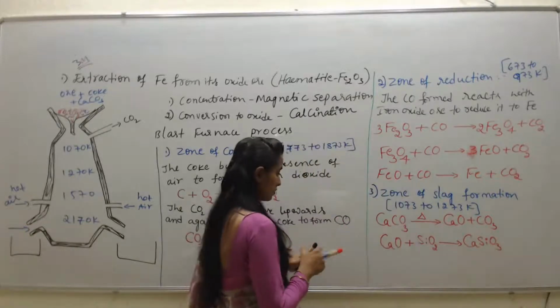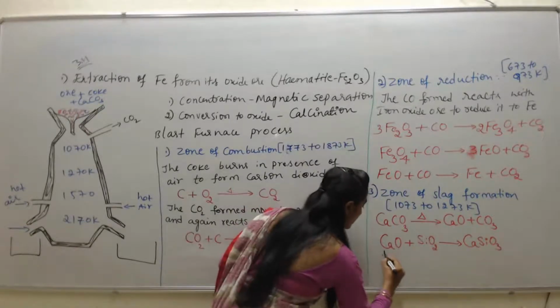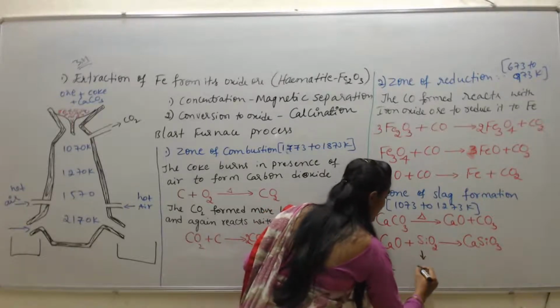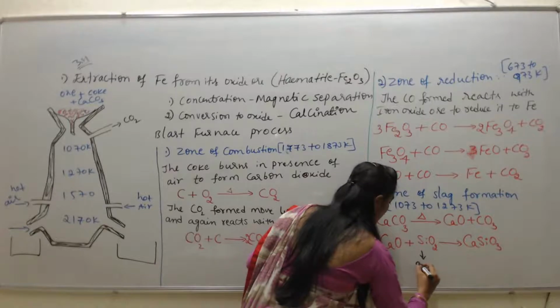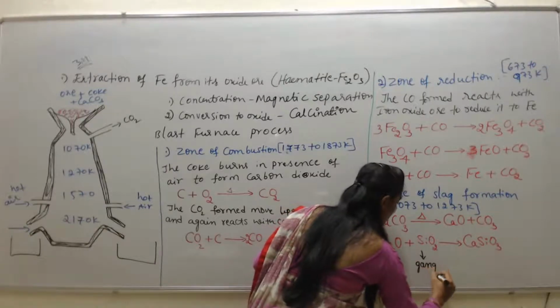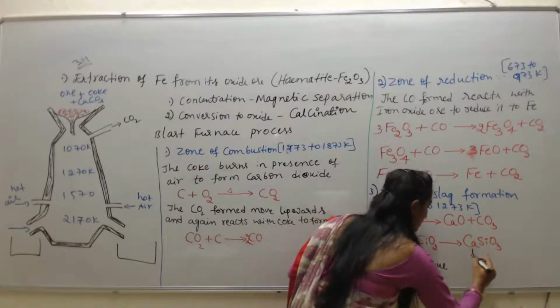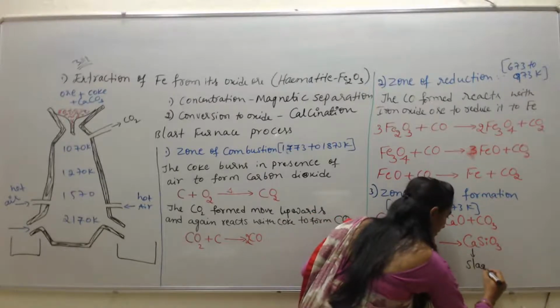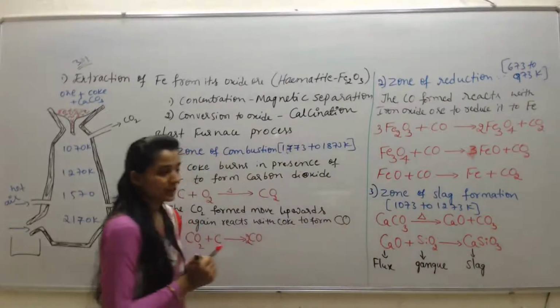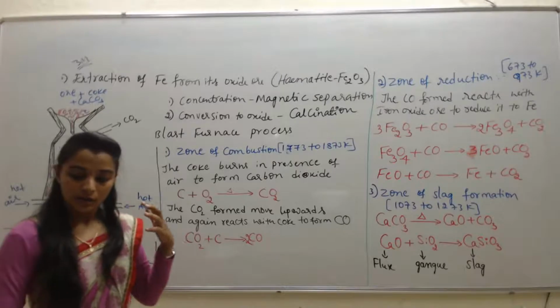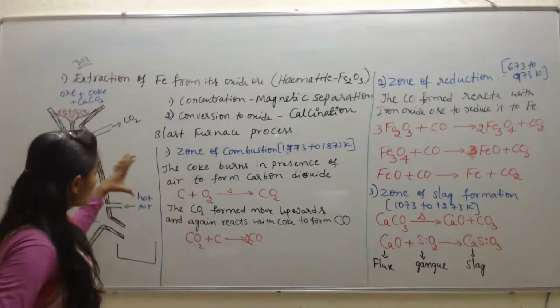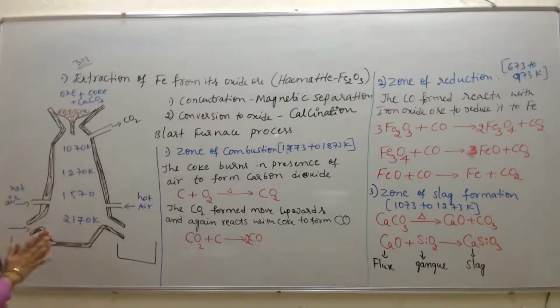Okay, students. So this is called flux. This one is called gangue. This is slag. Okay, this is the equation used in this blast furnace.